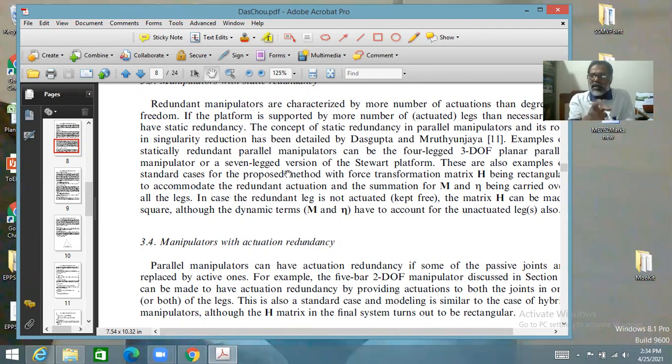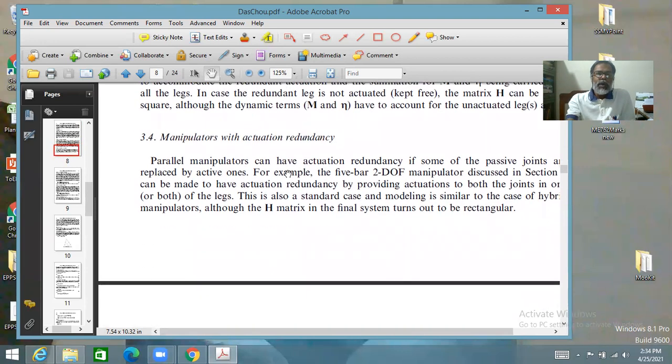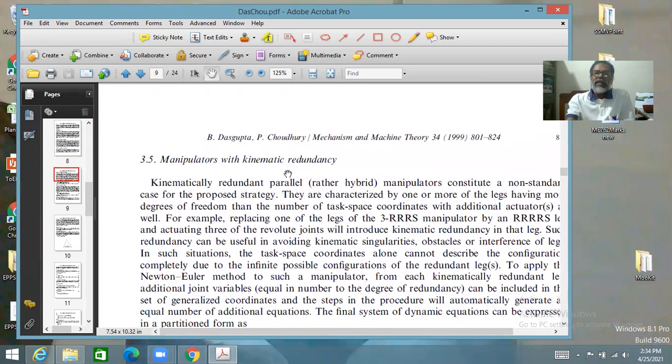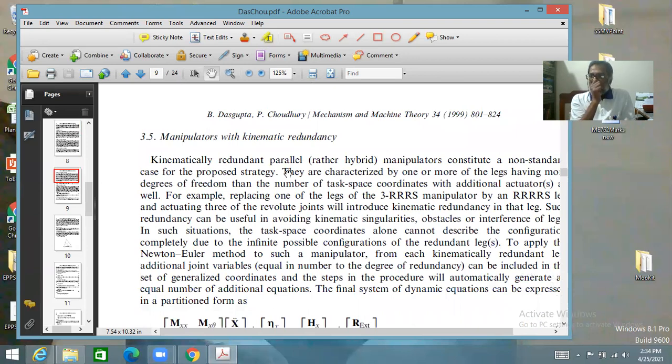There are some special cases. Now, one possibility is having a kinematic redundancy. That is where in a three-link leg we have considered, with three joints, if we had a four-joint chain for that leg, that would involve a kinematic redundancy, and for that you would put another extra actuator.